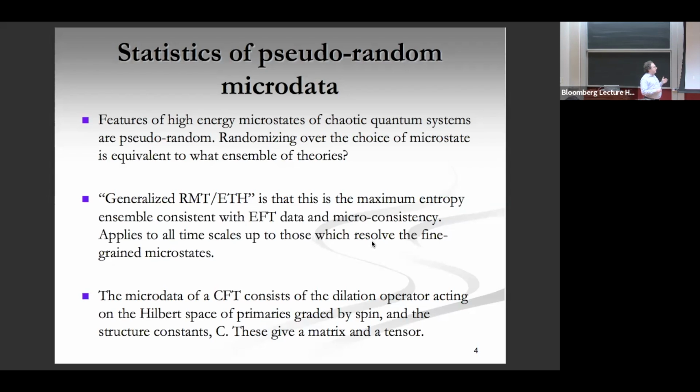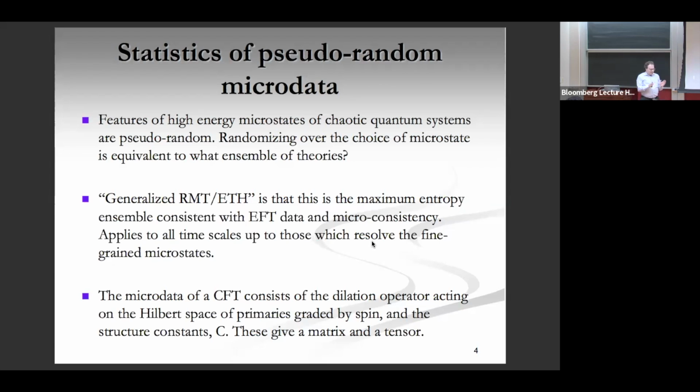And we can ask, if we make that kind of ensemble, what ensemble over theories is that equivalent to? Okay, so we are going to trade somehow an ensemble over the choice of which microstate in a band for an ensemble over the parameters. And strictly speaking, they can never be exactly the same, right? Because a single theory has some specific, infinite precision numbers, which are the microstate energies.